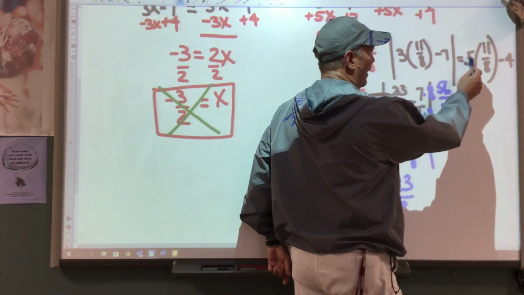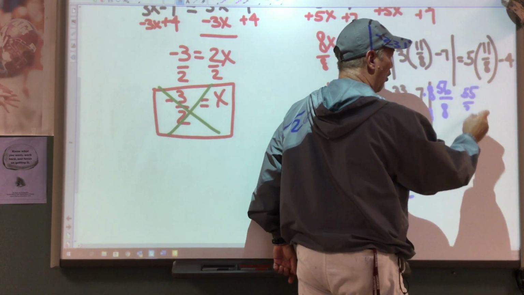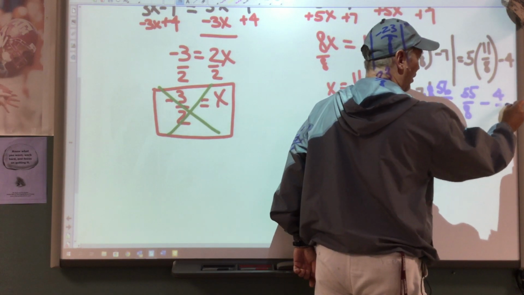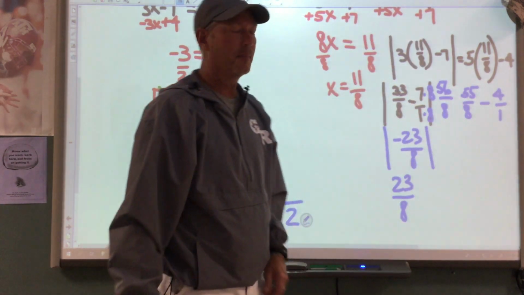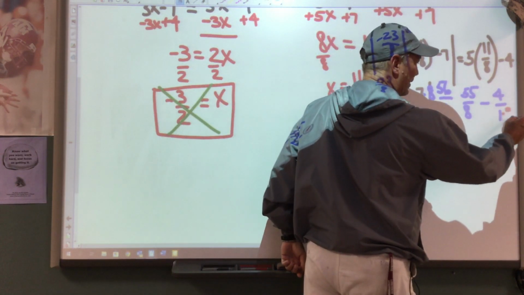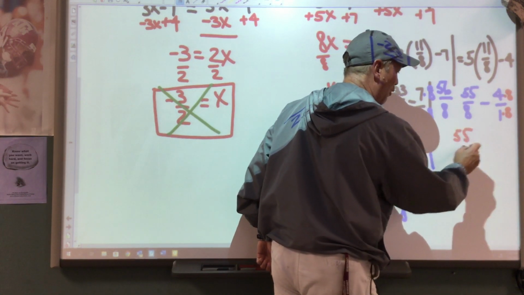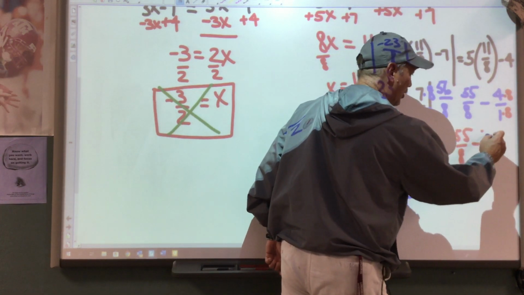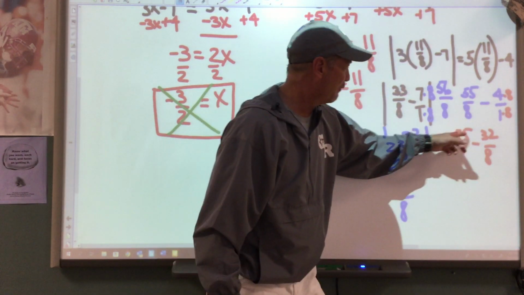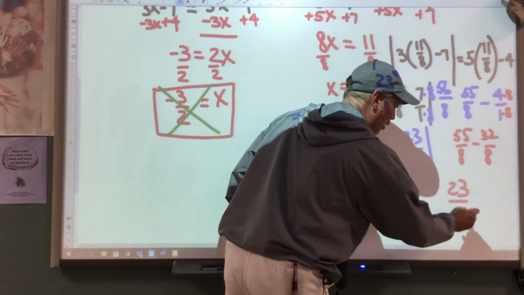We multiply. 5 times 11 is 55 over 8 minus 4, or 4 over 1. I'm going to get a common denominator. I'm going to say times 8, times 8. I'm looking at 55 over 8 minus 32 over 8. 55 minus 32 is going to be a 23 over 8.